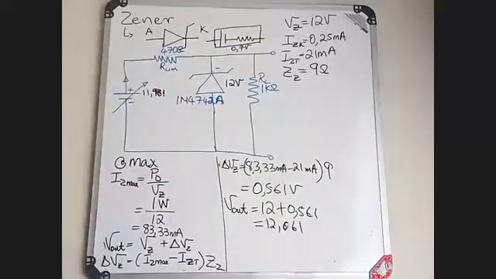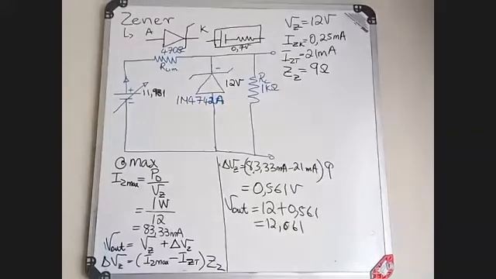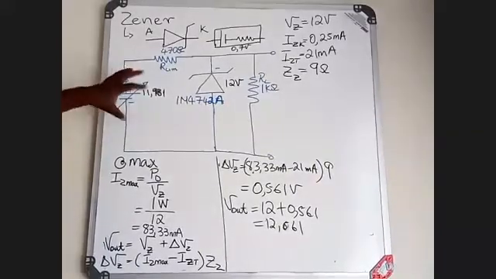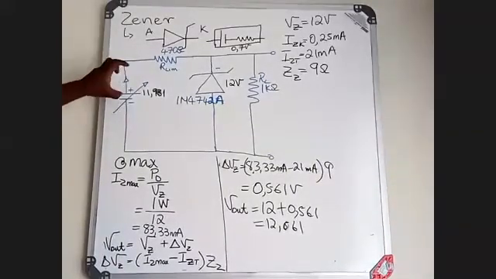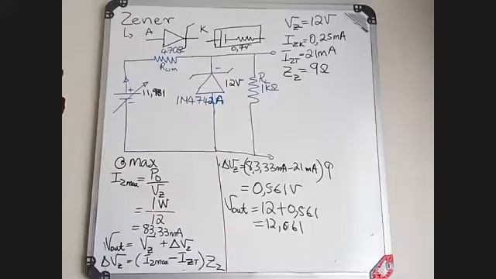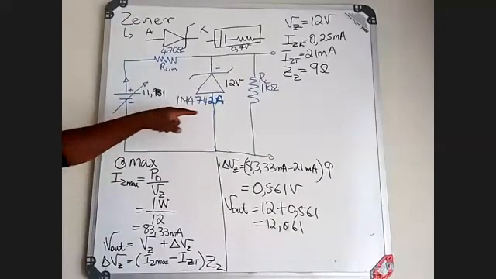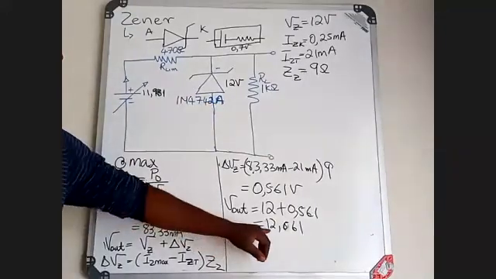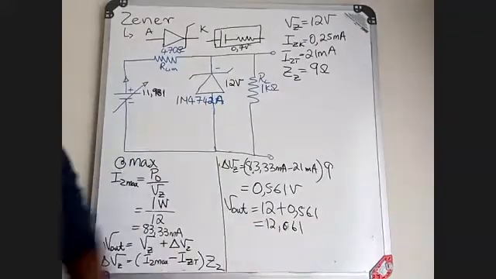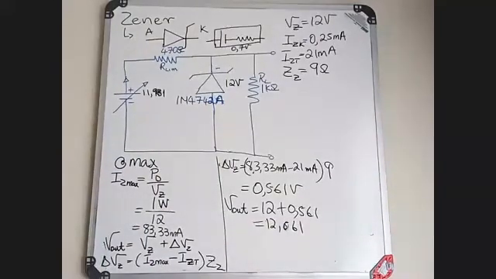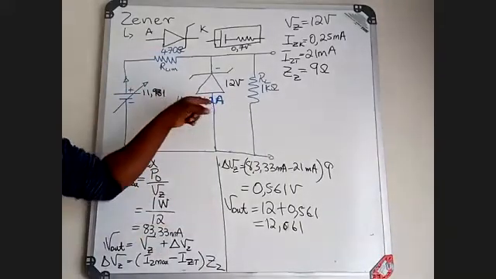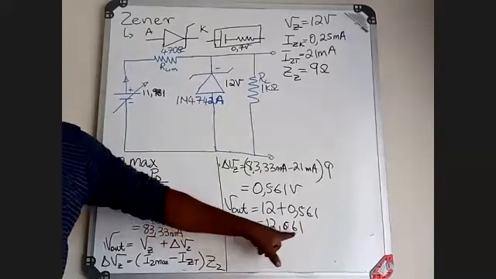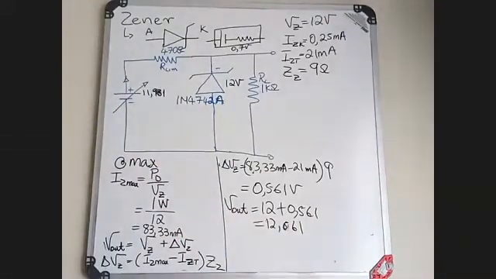This simply means that if I change my variable to the maximum, I can regulate this Zener diode so that it is at 12.561 volts.